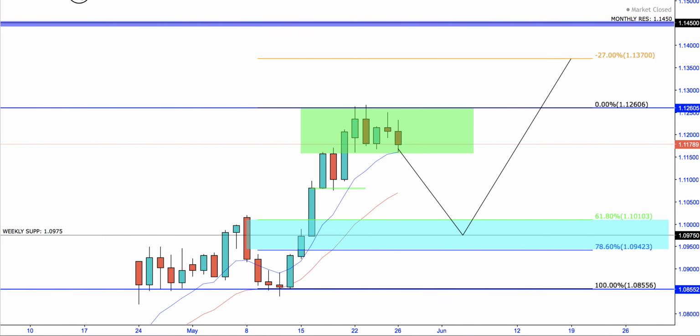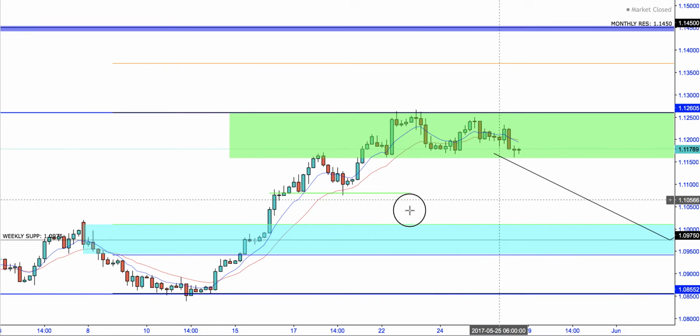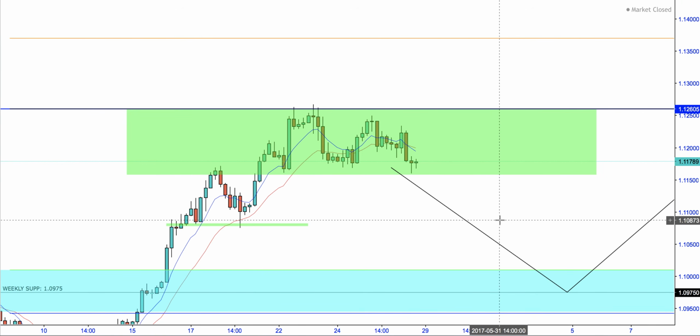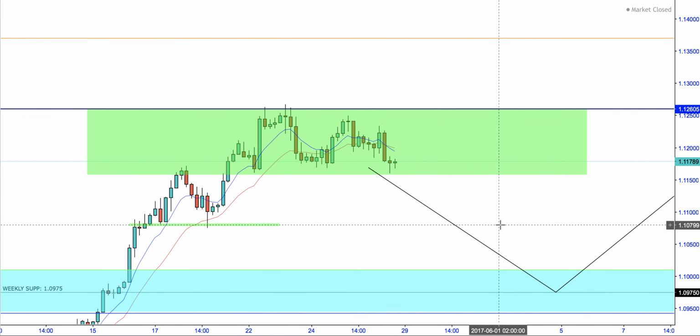We can then step down to the 4-hour time frame in order to find the execution. If you find the range on the 4-hour, you then step down to the 2-hour. So it's daily to 4-hour, 4-hour to 2-hour. And then you can sit on the lower time frame and wait for your entry and execution as discussed.